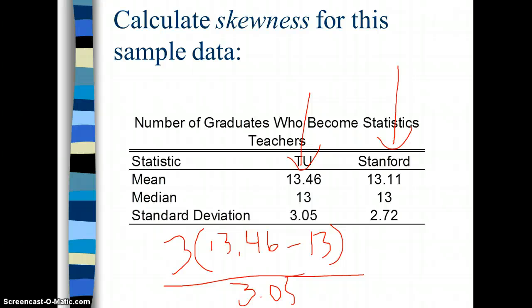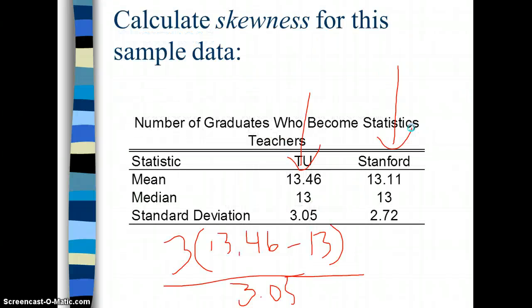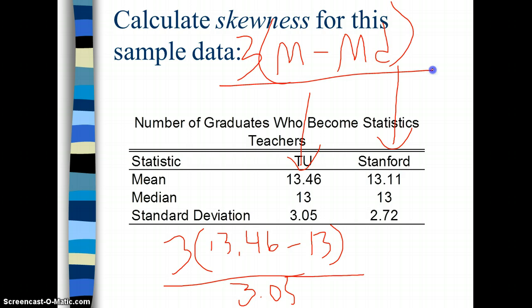And if you're interested in calculating this, go ahead and pause the video right now and simply use that formula. It's, remember, the mean minus the median, so mean minus median times 3 divided by the standard deviation. And you could do that for each one of these and see which one is more skewed.